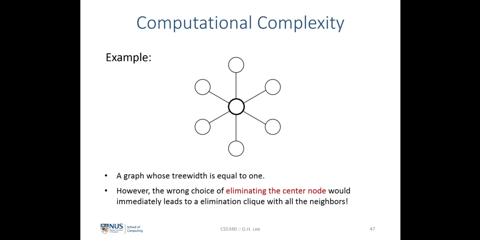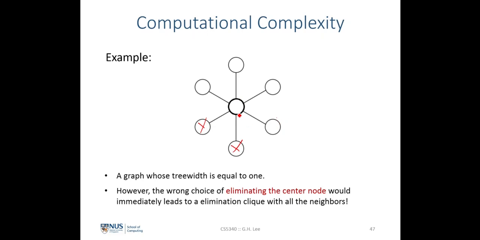An example is given by the star graph over here, where we can see that the largest elimination clique is actually 2, and minus 1 would give us the tree width that is equal to 1. An obvious choice of elimination over this particular graph would be to eliminate across all the leaves of the graph.